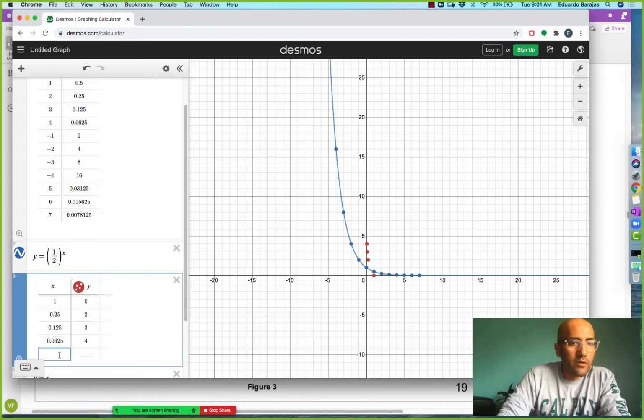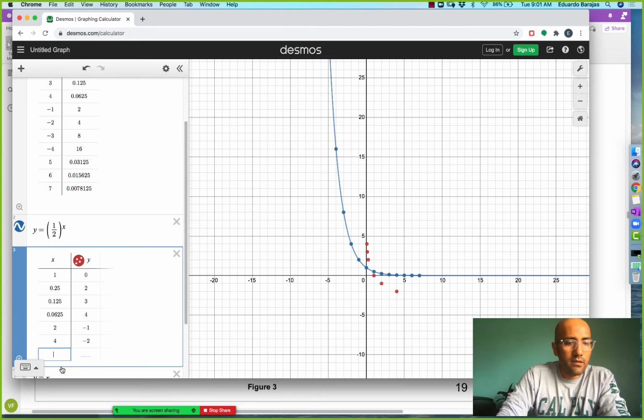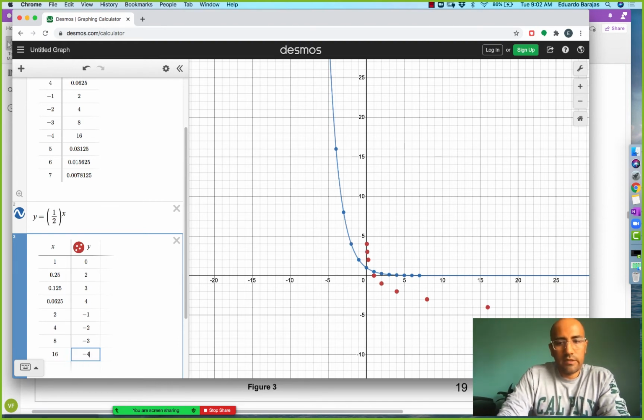And as we go in this direction, 2 should map over to -1, and 4 should map over to -2, and 8 should map over to -3, and 16 should map over to -4. You start to get a sense of what this graph will look like.